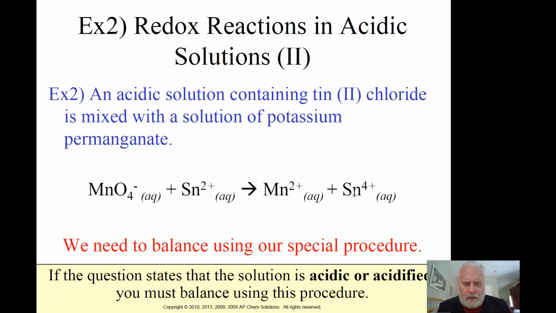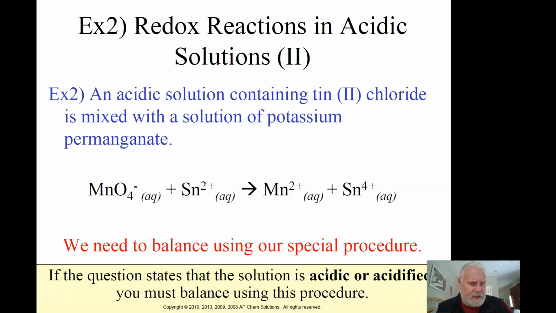And you're going to show all the steps. You're going to go reduction 1 through 5, oxidation 1 through 5, and then 6 and 7 for the whole reaction. It is important to note here that these problems will specify that it is acidic or an acidified reaction.